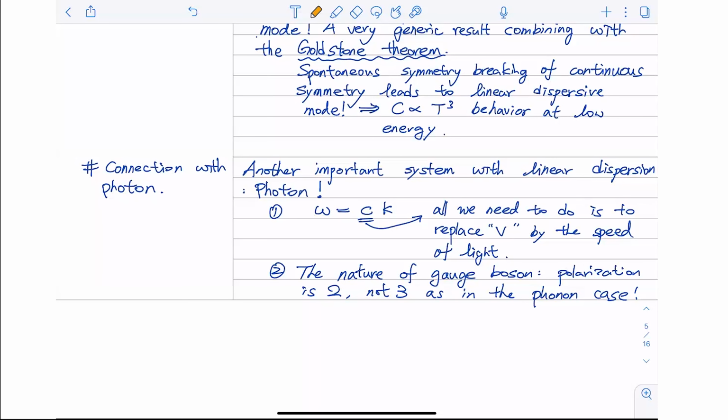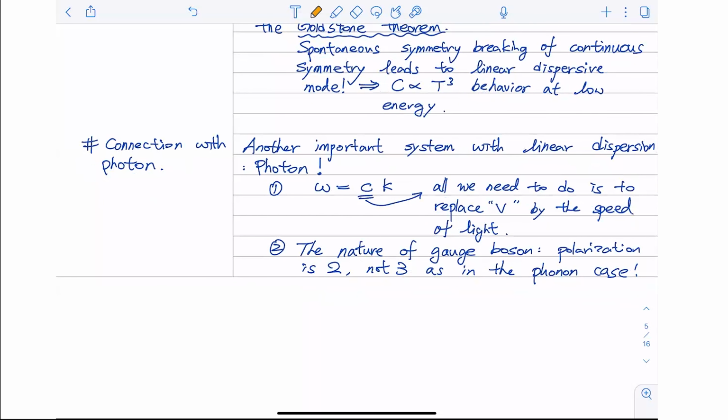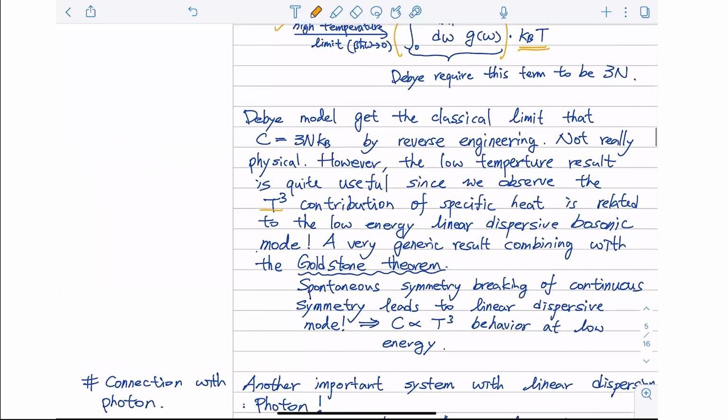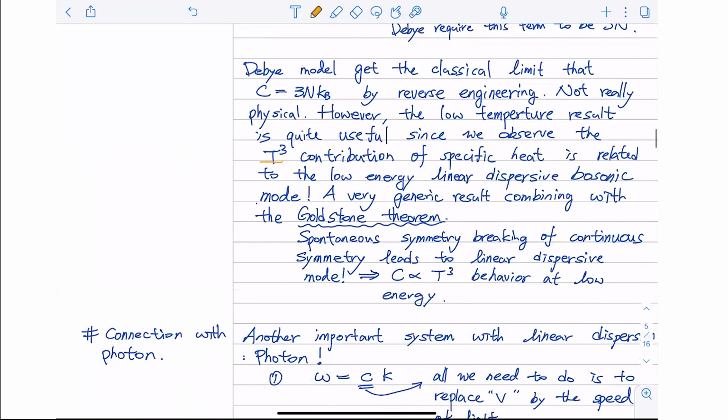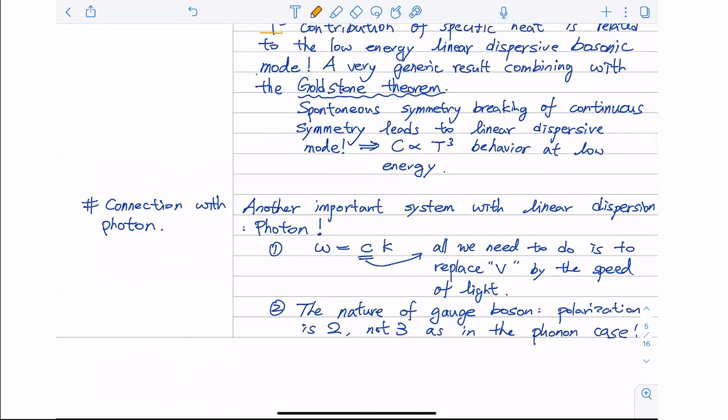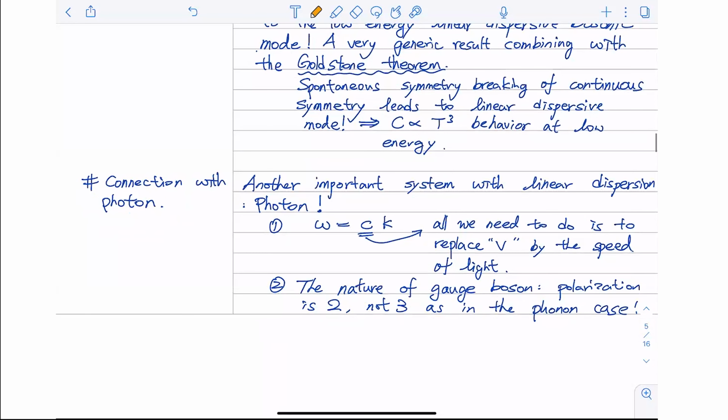So this example is specific to the phonon mode, but it can be easily connected with the calculation for the photon. To some extent, the history probably ran backwards: people found the description of the photon first, and then Debye tried to incorporate this idea into the phonon system.